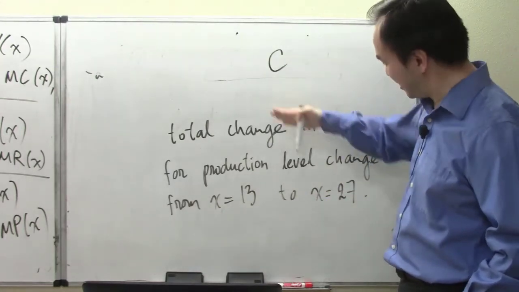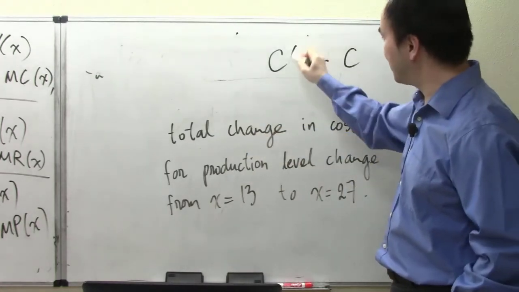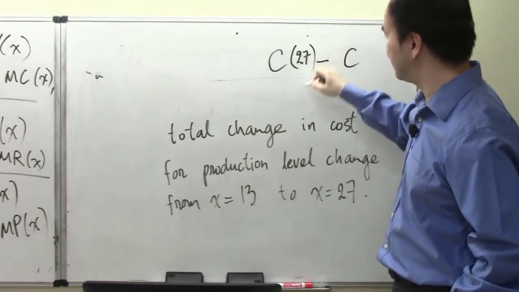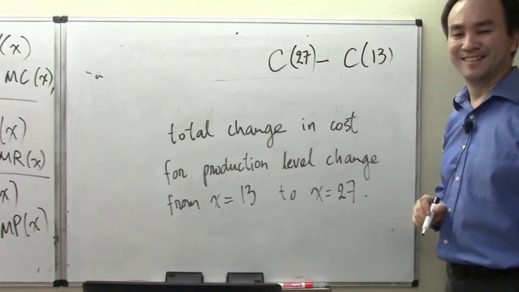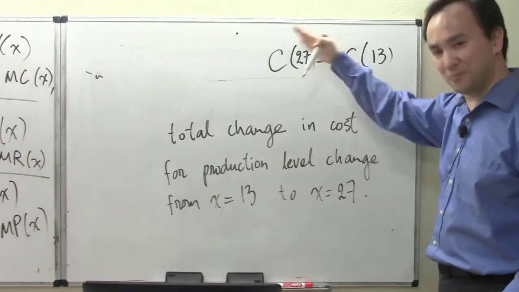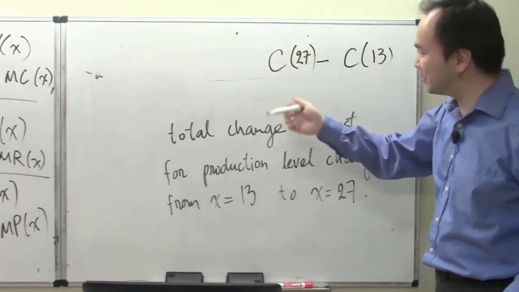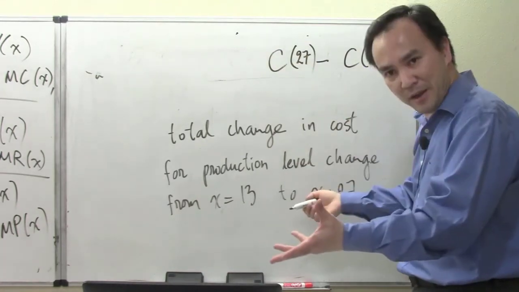Capital C. And so in the way it looks here, total change is the difference. So that means what? C at 27 minus C at 13. Now it's becoming a little more clear. Think about how we can obtain this through the fundamental theorem of calculus.